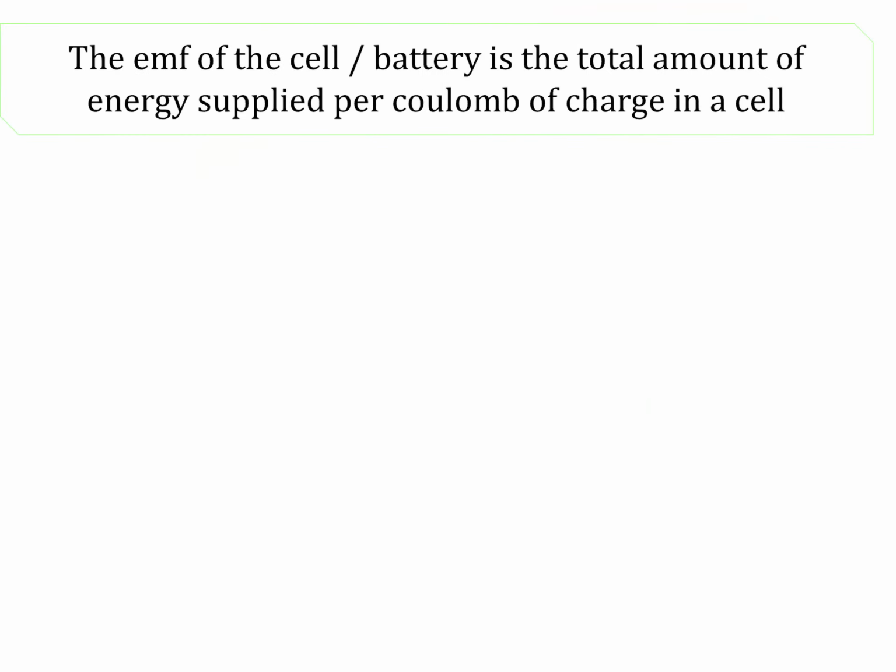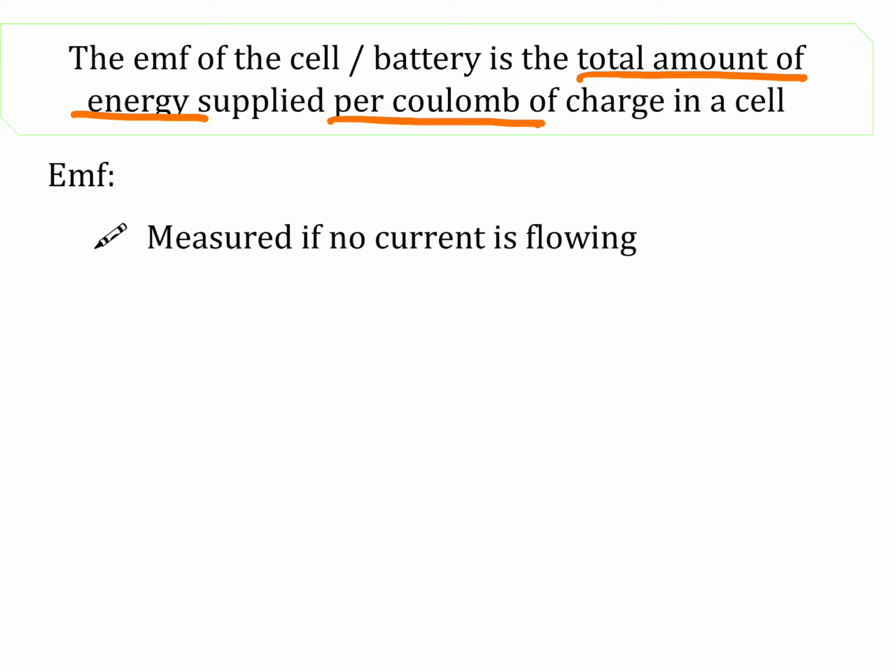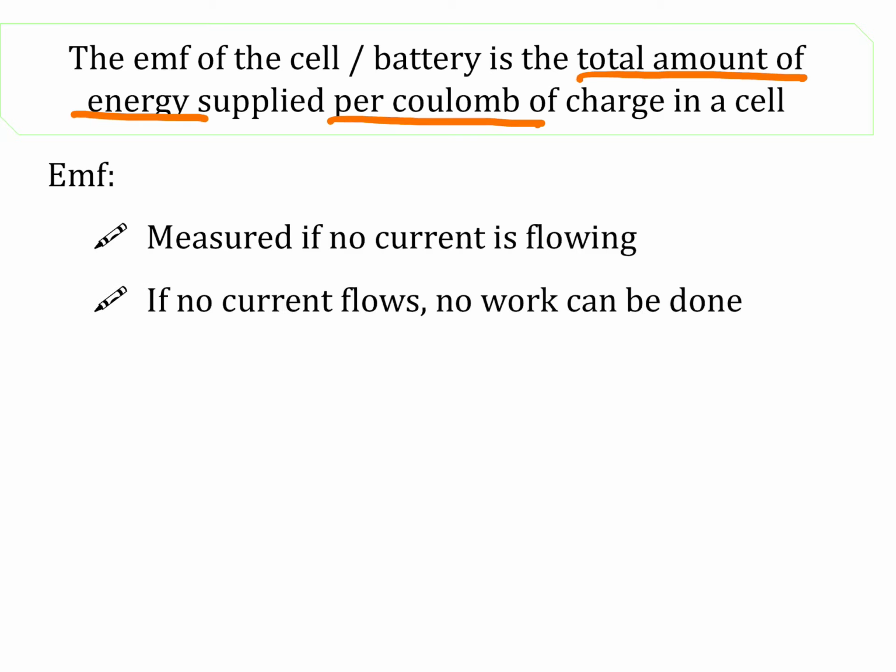So, EMF of the cell or the battery is the total amount of energy supplied per coulomb of charge in a cell, okay? EMF is measured if no current is flowing, so it's got to be an open circuit. If no current is flowing, then we're not doing any work. So it's the total possible amount of energy that can be given. The symbol is like a backwards 3. It has to be like that.